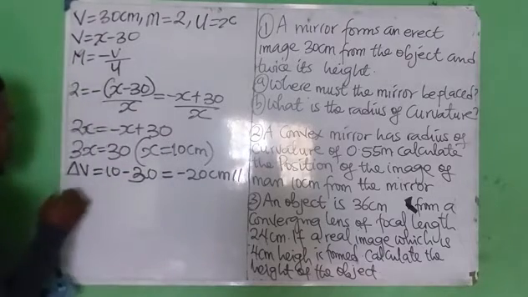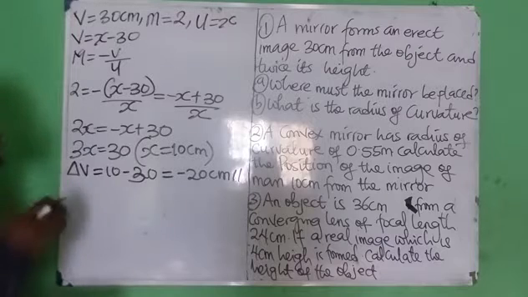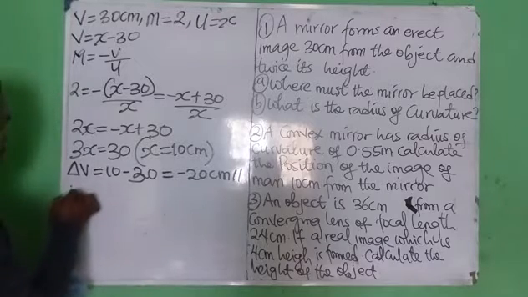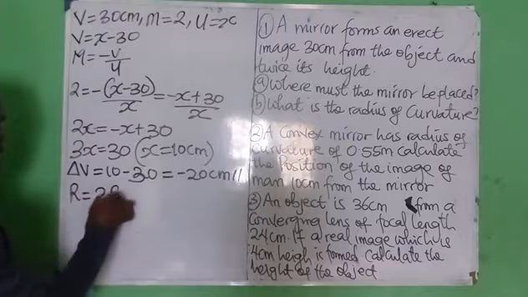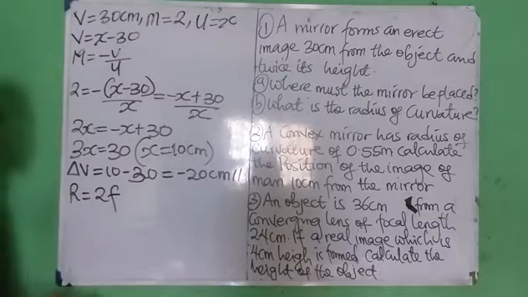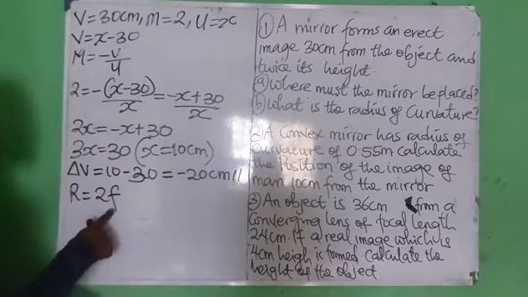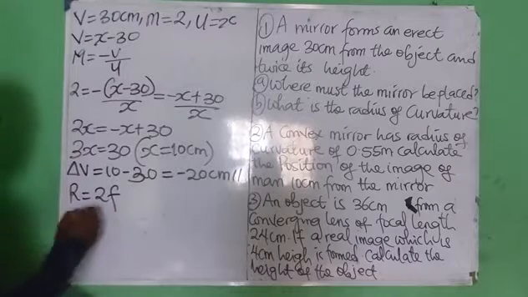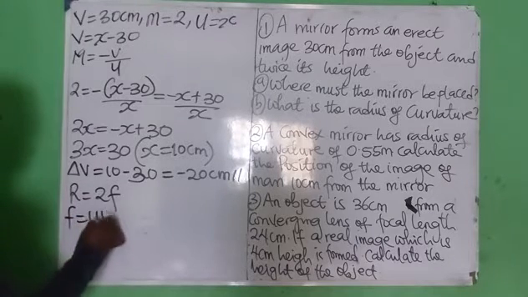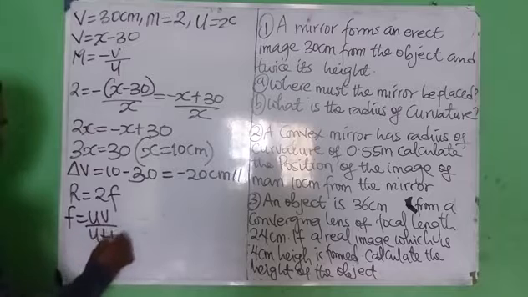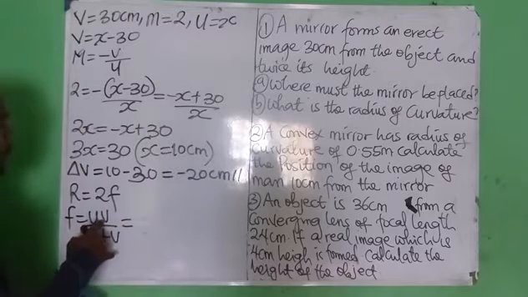So the next one is, it said, what is the radius of curvature? Radius of curvature r equals 2f. But f wasn't given, we have to calculate for f first. So f is equal to uv over u plus v. What is u?